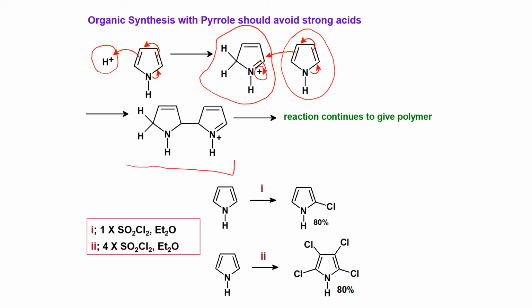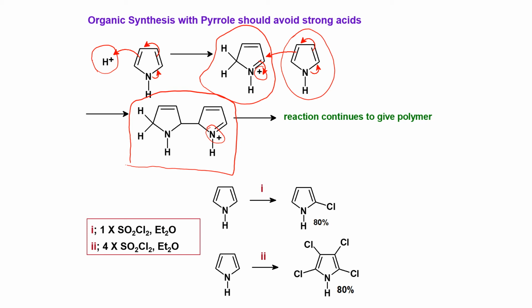That means this kind of dimer will be produced, and we can see the nitrogen of this dimer also carries a positive charge. So this dimer also behaves as an electrophile, and it can attack another intact pyrrole molecule and form a trimer.